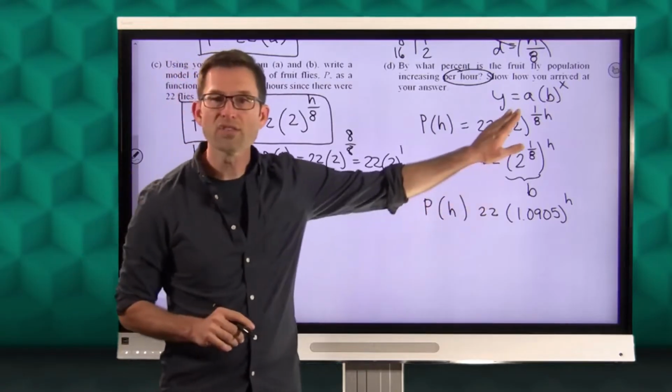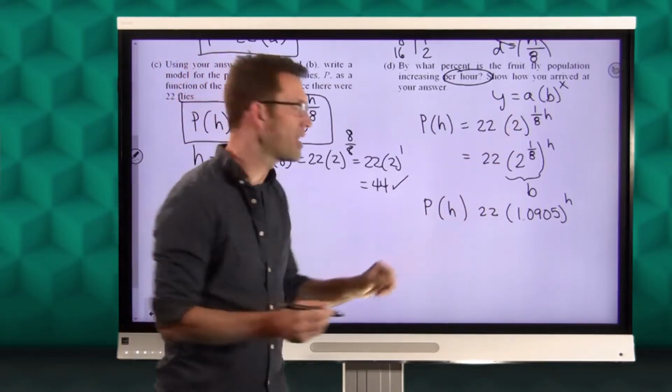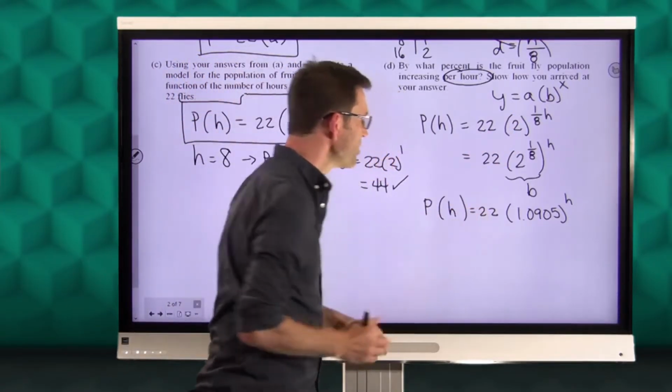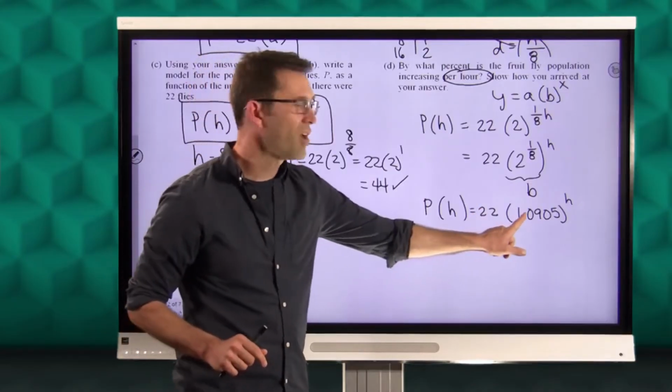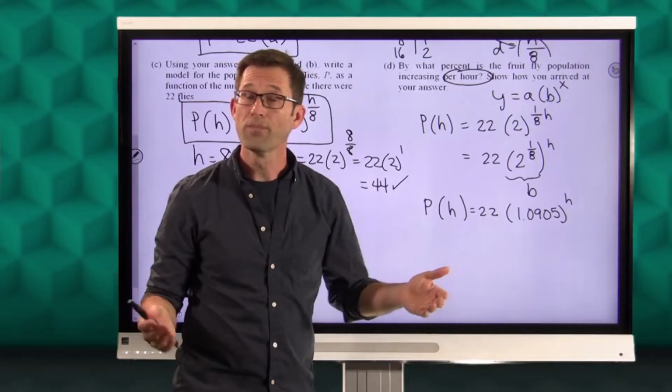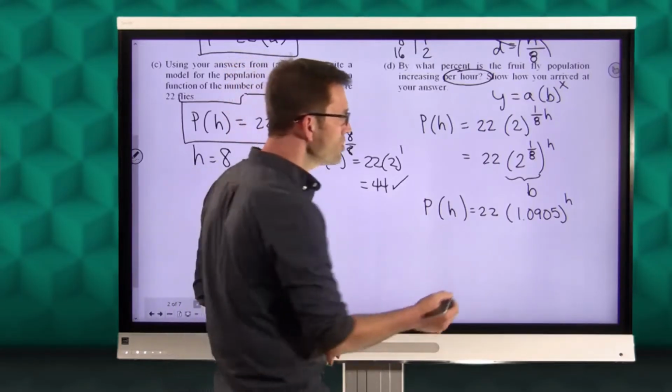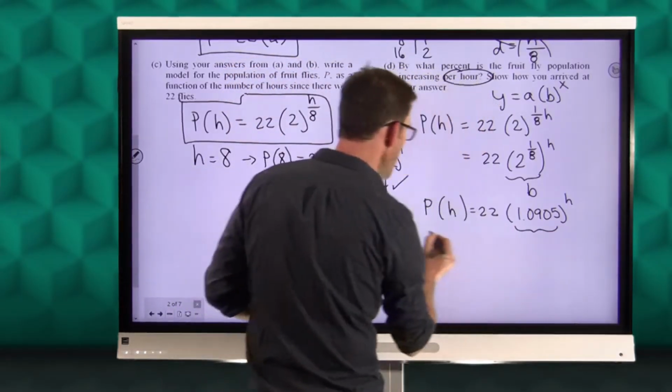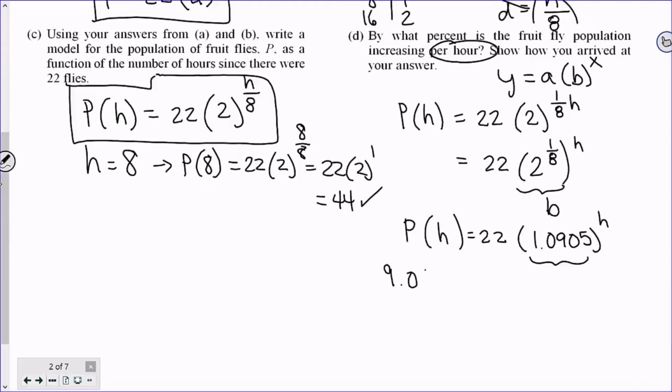Okay, now it's written in the right form. Now it's written like, whoops, a little equal sign might help. It looks like a times b to the x, except it's a times b to the h, but whatever. When it's written like this, we should be able to easily look at this and say, oh, it's increasing by 9.05% per hour.